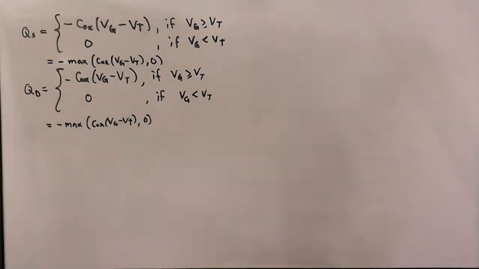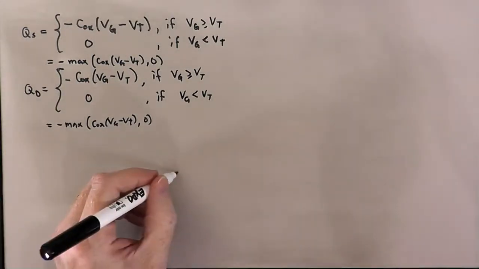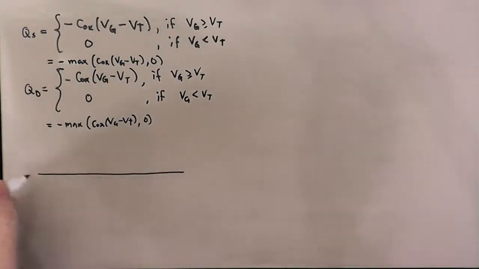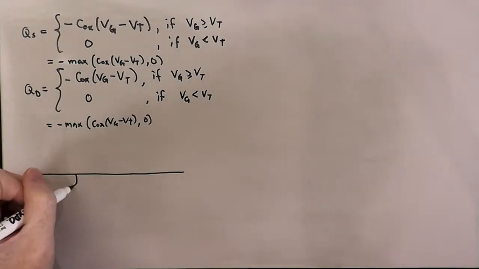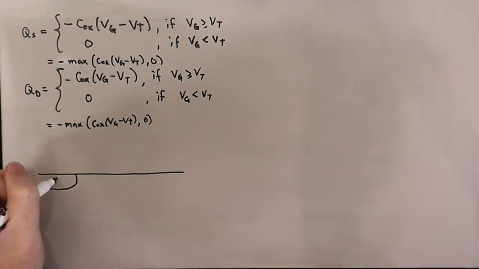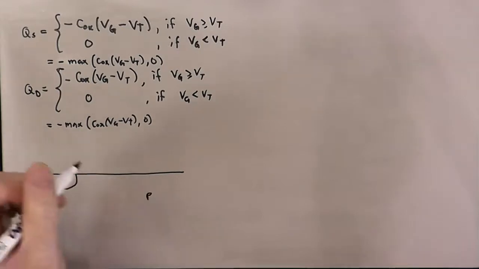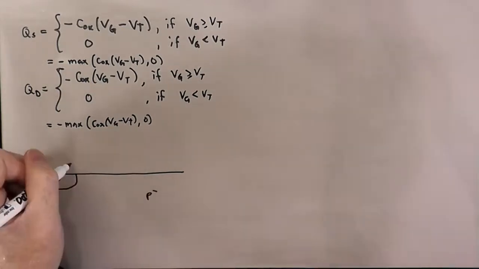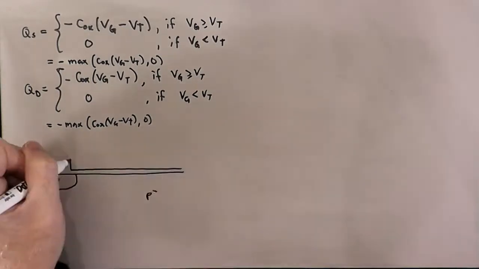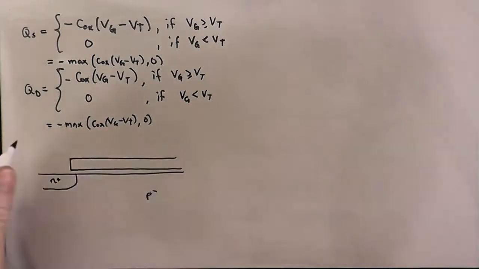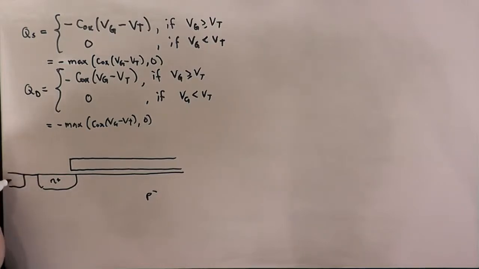Now, I want to think about what this threshold voltage is. So if you recall, we zoom in and just look at the source end of the channel. So you've got this P minus substrate, and we've got the gate sitting here. And maybe we'll draw the bulk contact here.